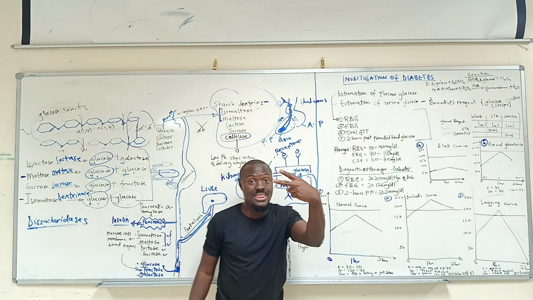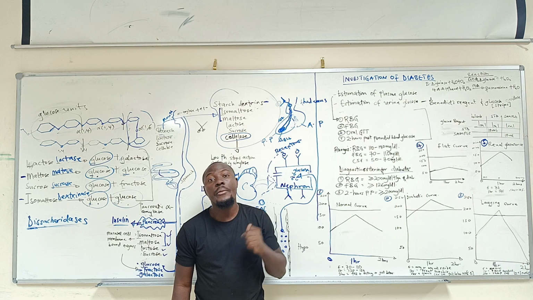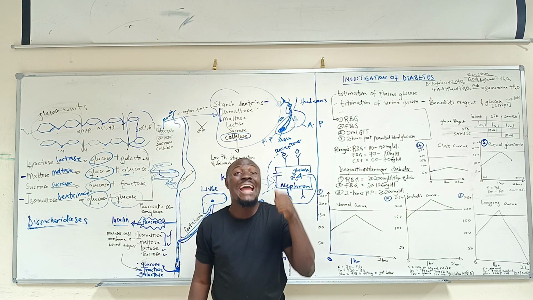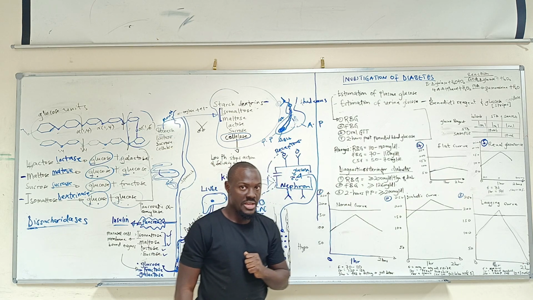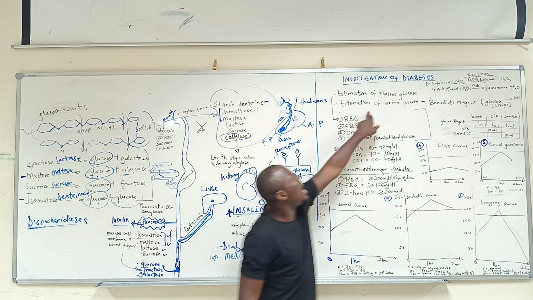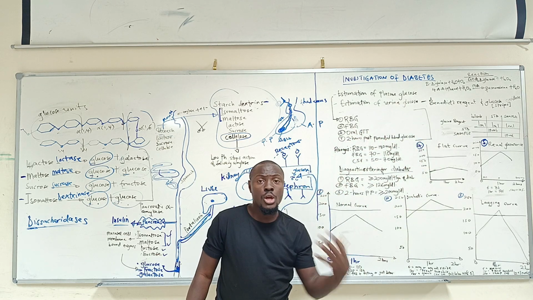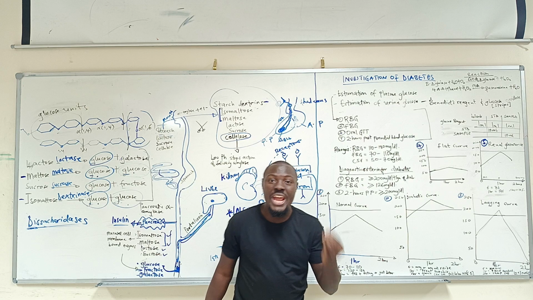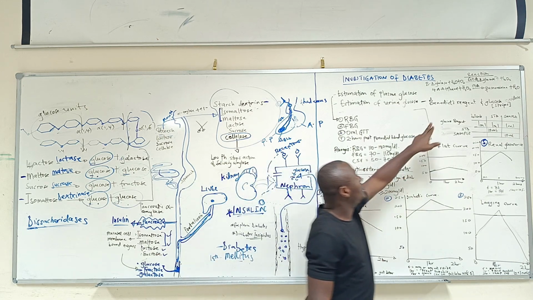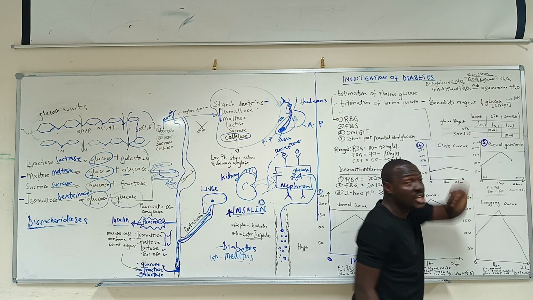These are the two main tests we can carry out when we want to tell whether you have diabetes or you don't have diabetes. Okay, but now how do we carry out this particular urine glucose test? We use a reagent called the Benedict's reagent.